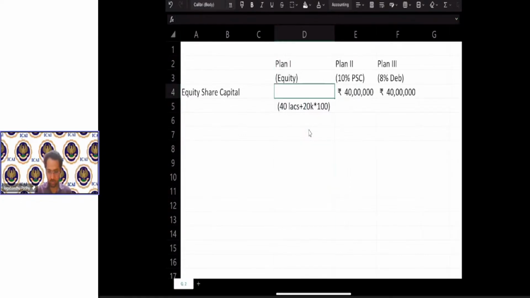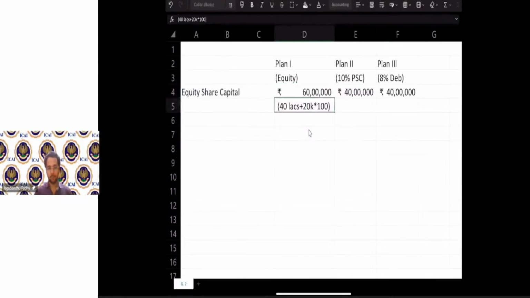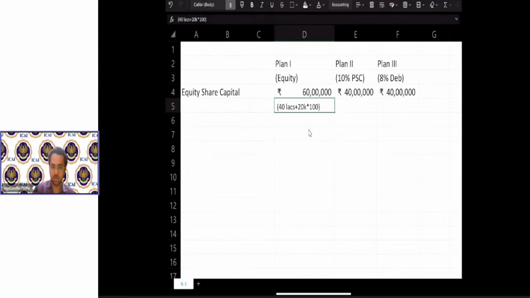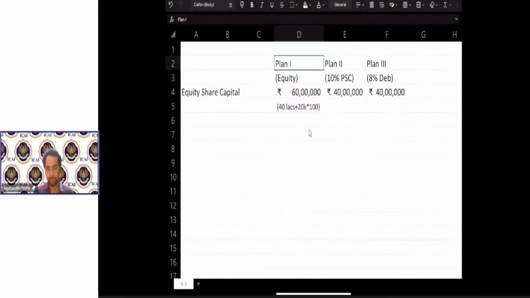That works out to 60 lakh, which is the amount of equity share capital in plan 1, because we are raising the funds by way of equity share capital and 20,000 shares are issued.